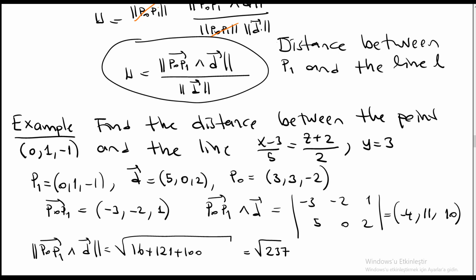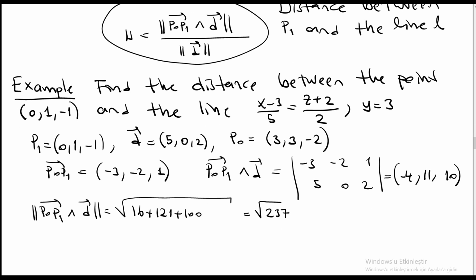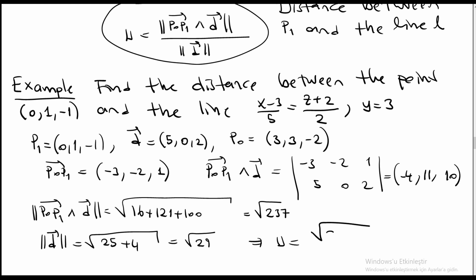Okay, how about D? So D will be, okay, this one 25 plus 4, so it will be 29. So the u, the distance will be square root 237 over 29. Or I can write in this way.